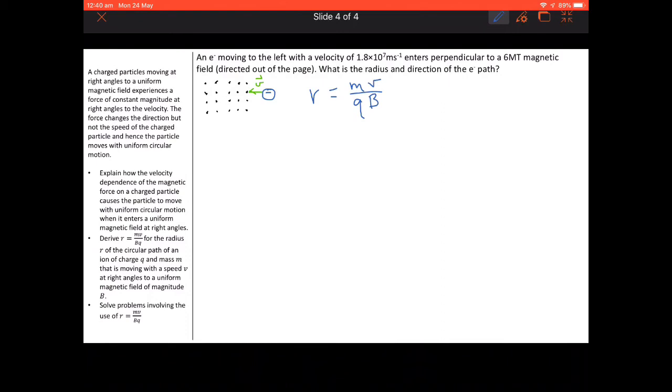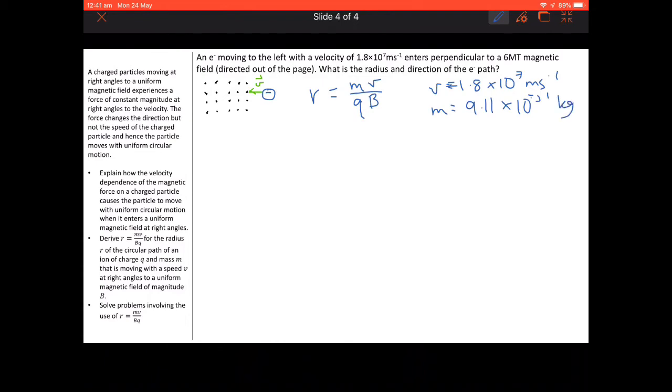Our velocity is equal to 1.8 by 10 to the 7 meters per second. The mass of an electron, this will be on your formula sheet, is equal to 9.11 by 10 to the negative 31 kilograms.